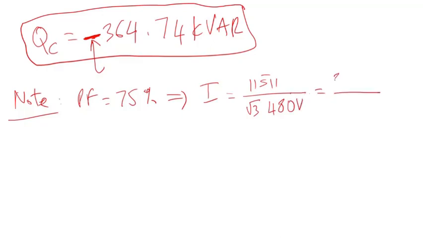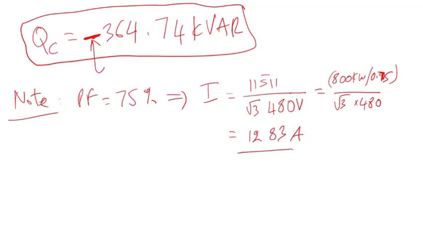So 800 kilowatt divided by 0.75, divided by square root of 3 times 480 volts. So the current is equal to 1283 amps.